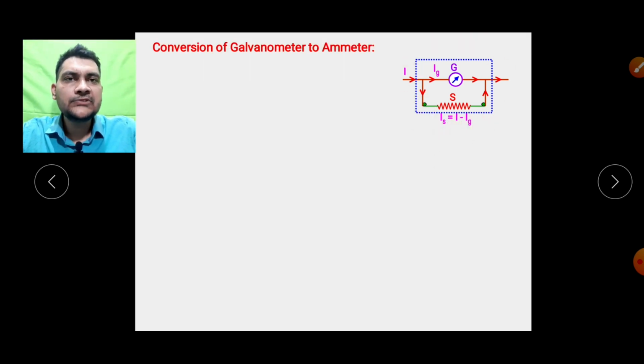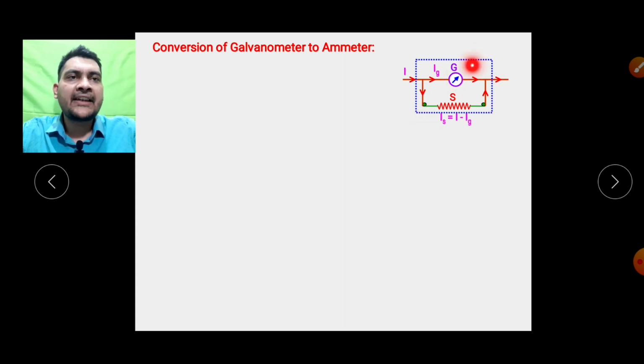Let us see how. Suppose the actual current drawn was I, and this current I is divided into two parts. One is Ig that flows into the galvanometer, and the other part, I minus Ig, flows through the shunt resistance. Both of these, G and S, are in parallel, therefore equal potentials are dropped across them.